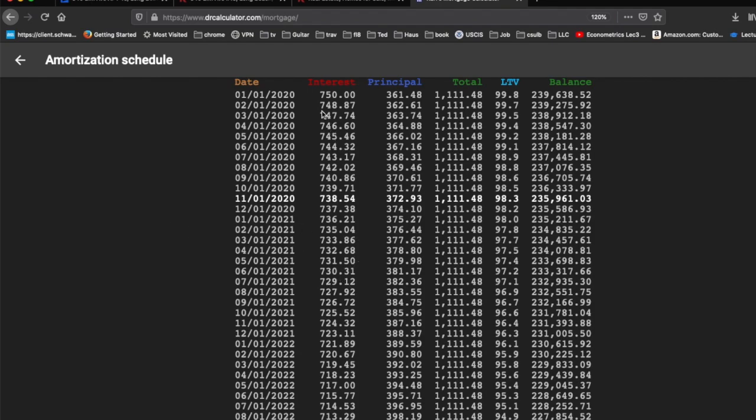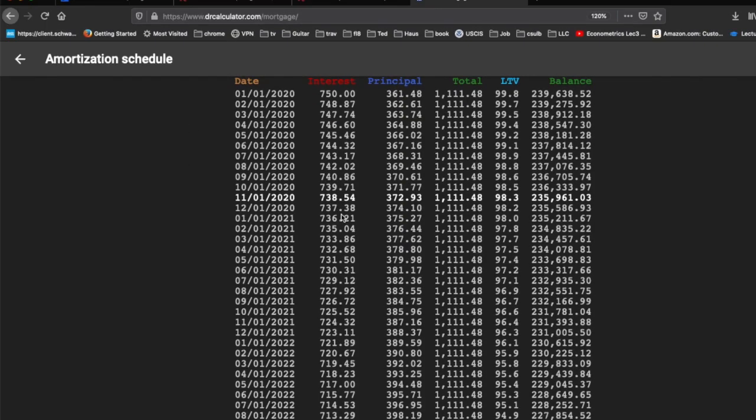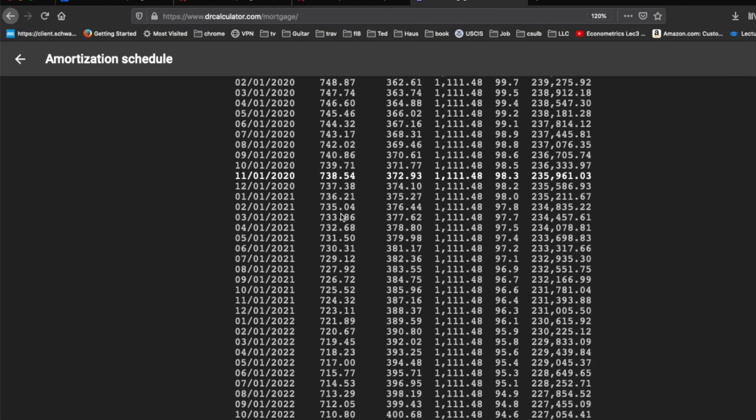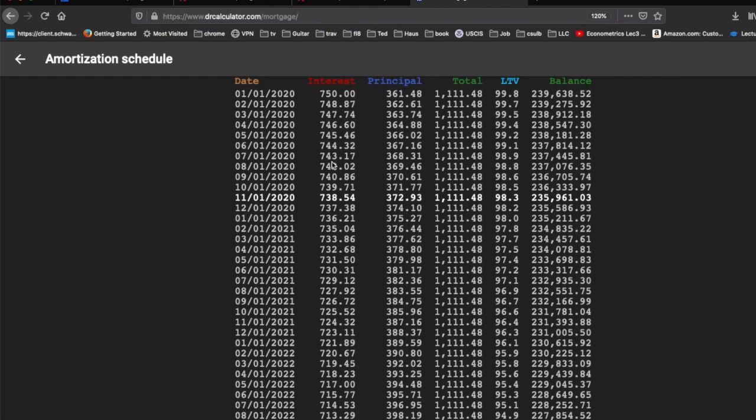So what I do typically is I go, let's say, 2, 3 years into the future and look into that. So as you see, after 1 year, your interest portion goes down to about $736.